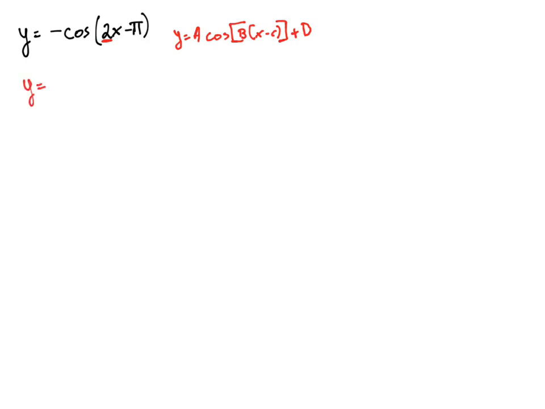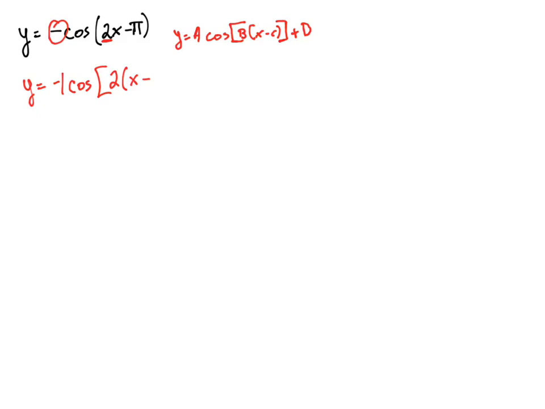So we're going to end up with y is equal to this negative. I'm going to write explicitly that the a value is negative 1. Cosine. So we factor out whatever the coefficient is for x, which is 2. Now, when I factor out a 2 for each of those two terms, I just divide each term by 2. So 2x divided by 2 is x.